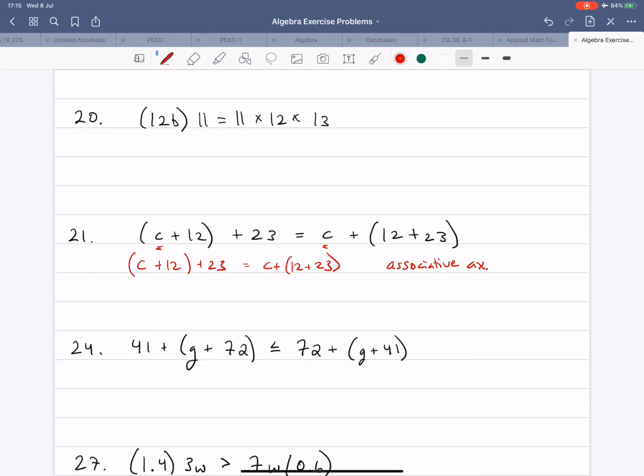And that's actually the same as this statement right here. So if I were to subtract from both sides 12 plus 23, I don't even need to bother adding them together. I can just subtract that quantity from both sides. I'm going to wind up with C equal to C. Okay? So my solution is going to be the set of all real numbers.